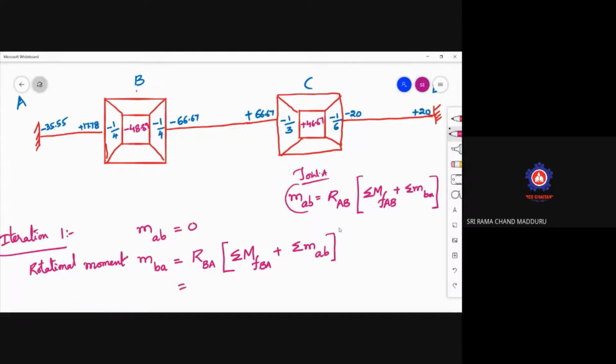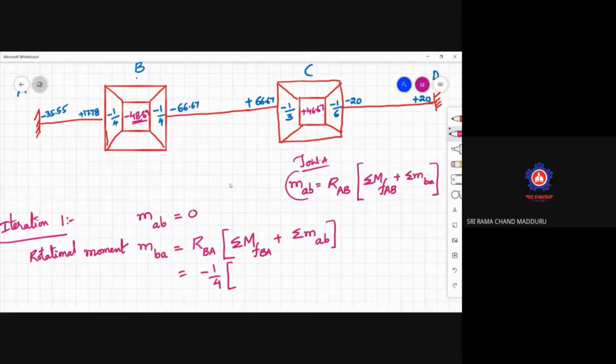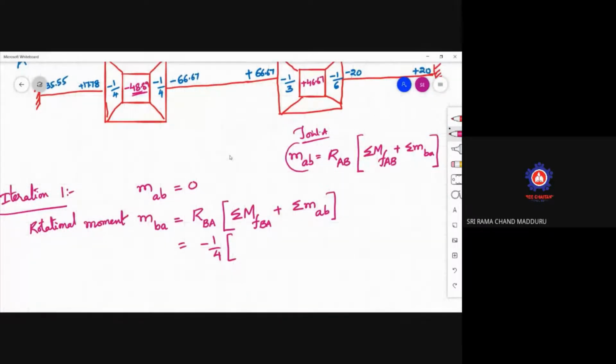What is the rotational factor? Minus 1/4 into sigma MFBA, which is nothing but the restrained moment at joint B, minus 48.89. Initially, the rotational moments for every point are 0 only, so take it as 0.